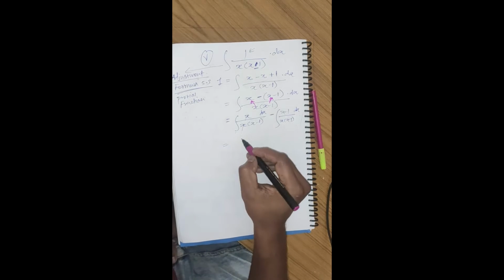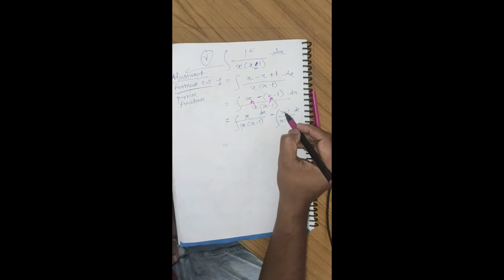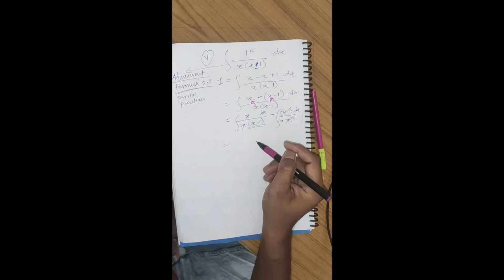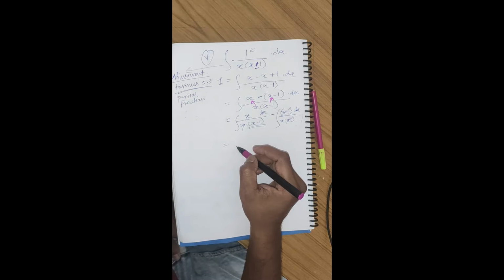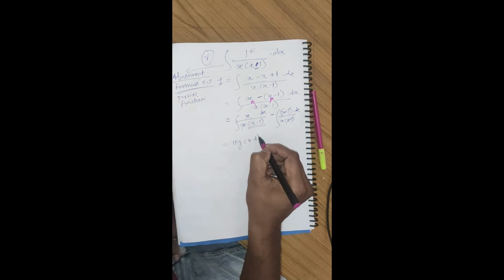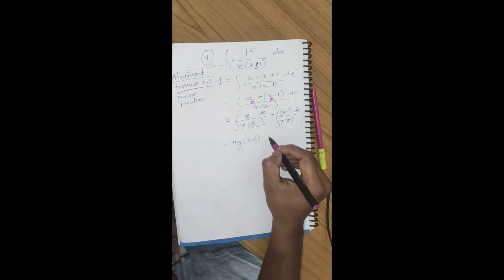So this gets cancelled and here these two get cancelled, and you know that integration of 1 by x minus 1 is log x minus 1 and integration of 1 by x is log x.